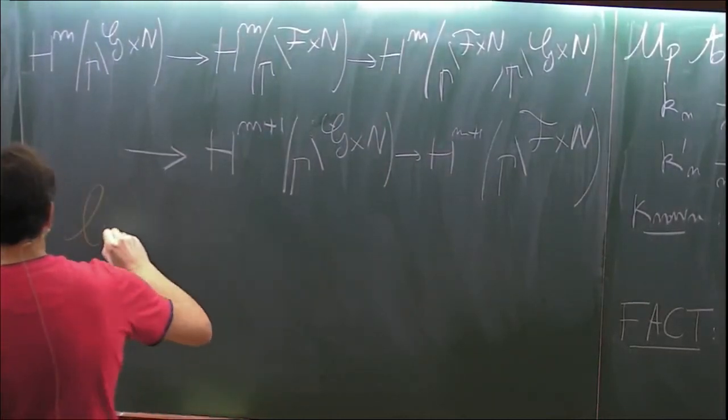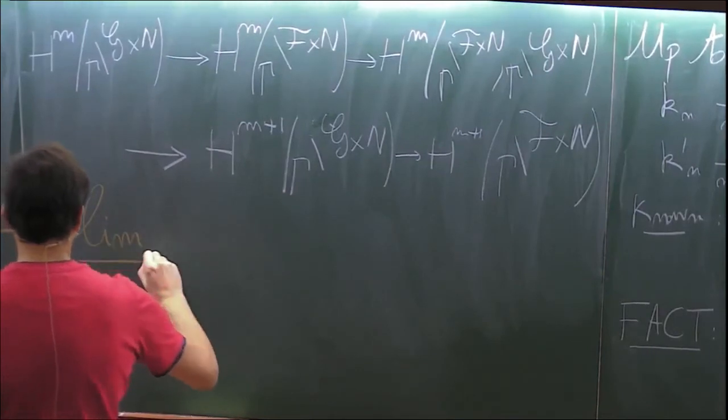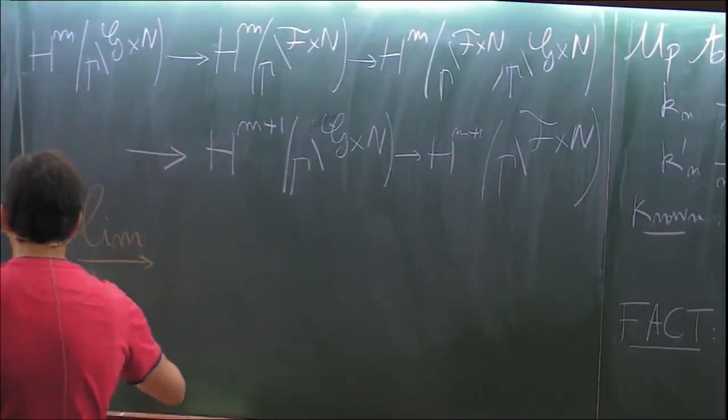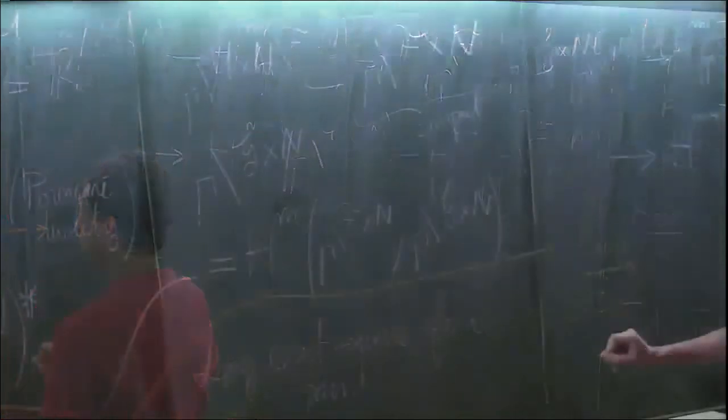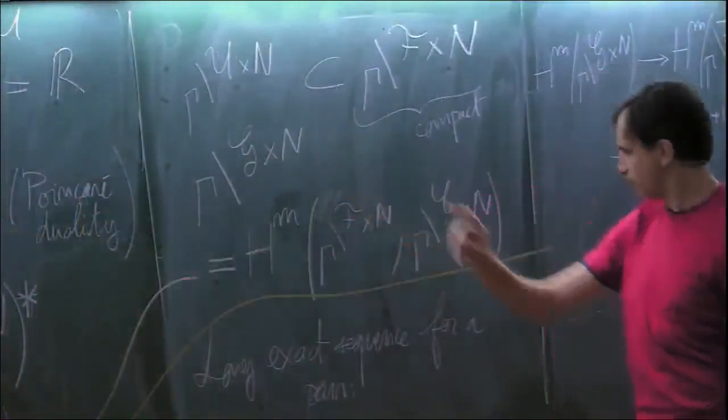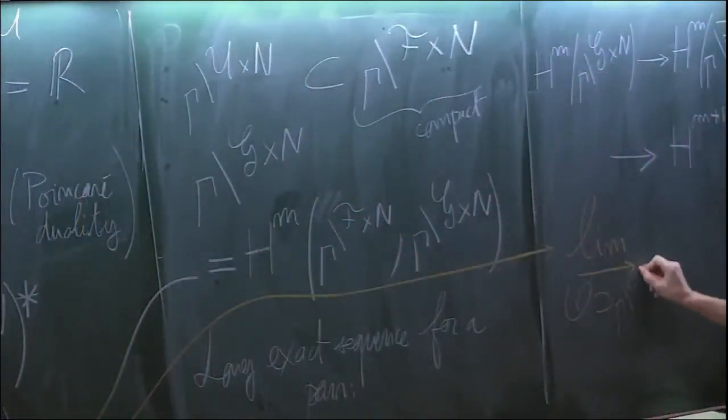This is an inductive limit over open sets O containing what you removed, mod g cross n, of the cohomology of the pair gamma mod f cross n with respect to O. Okay, cohomology with compact support is really this.